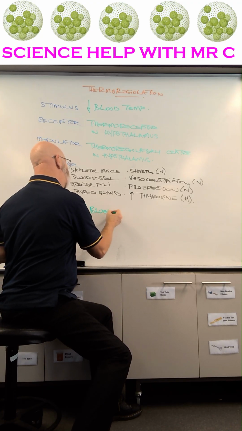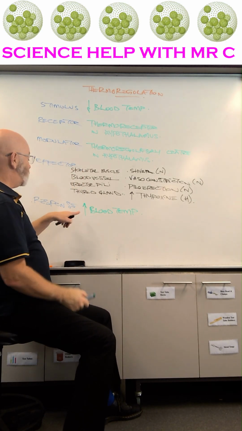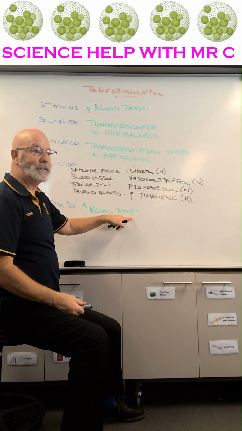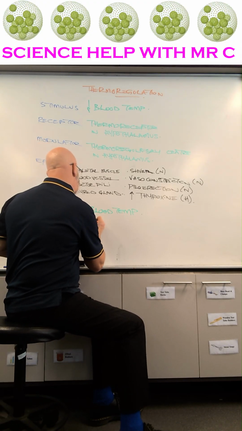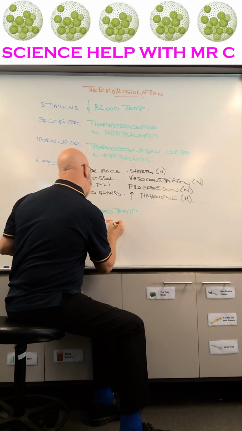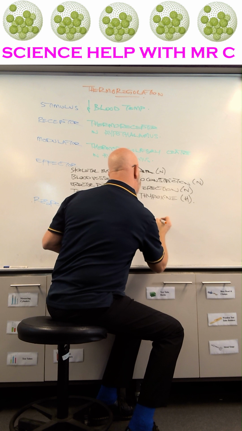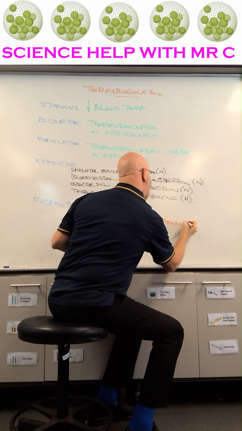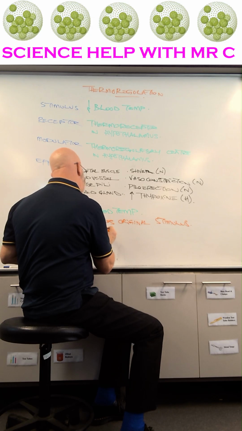And then our friendly arrow. Negative. Because we've now got a rise in blood temperature, we say that opposes the original stimulus. Opposes the original stimulus, we say that that is negative feedback.